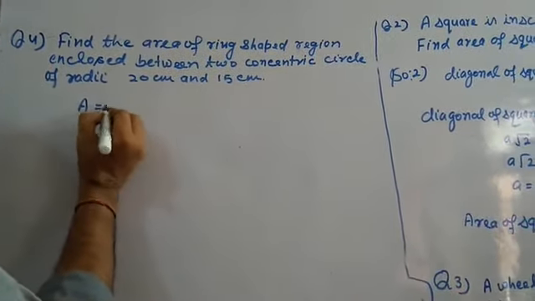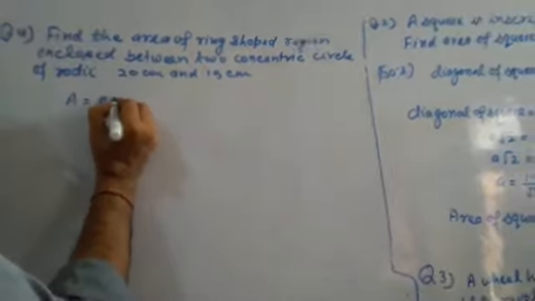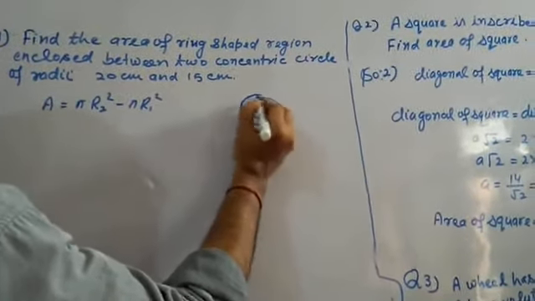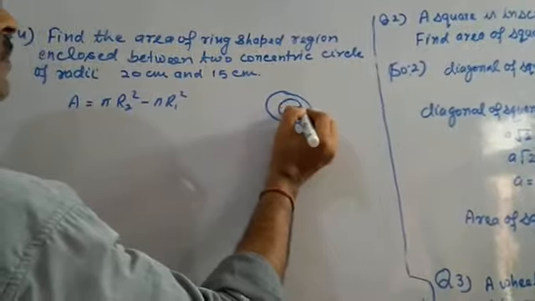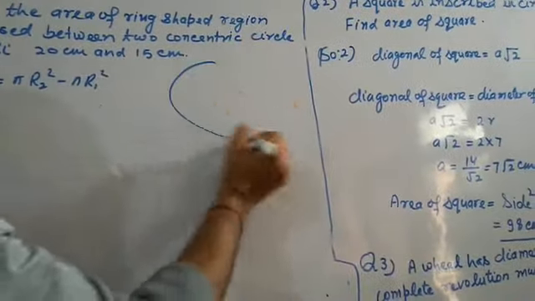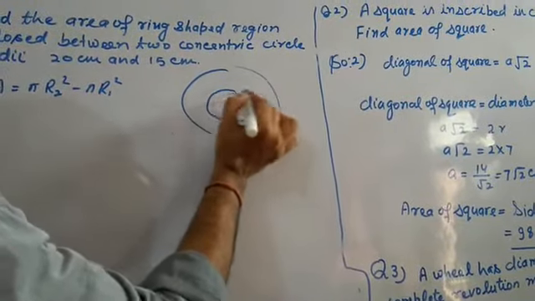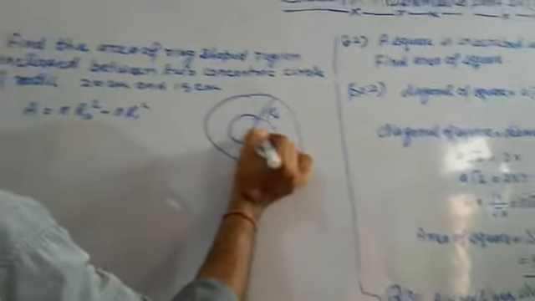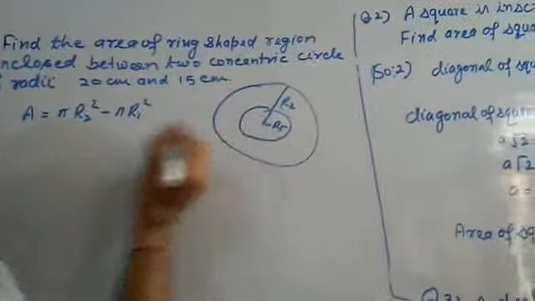Area A equals pi r2 square minus pi r1 square. This is r2 and this is r1.